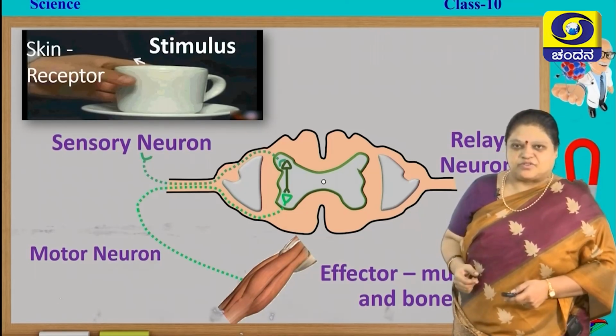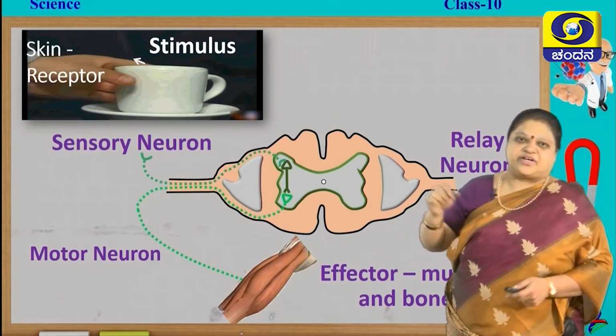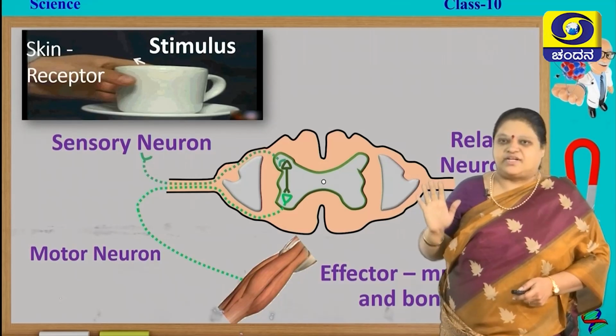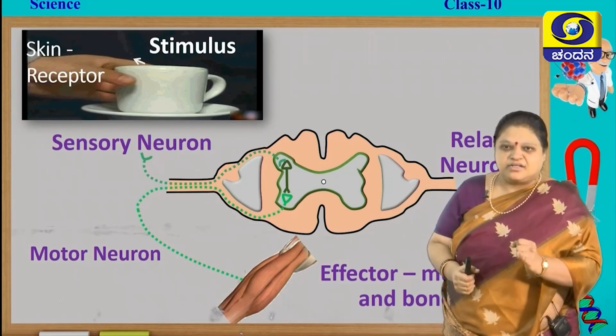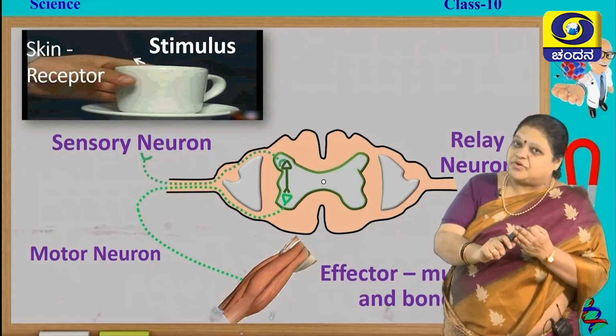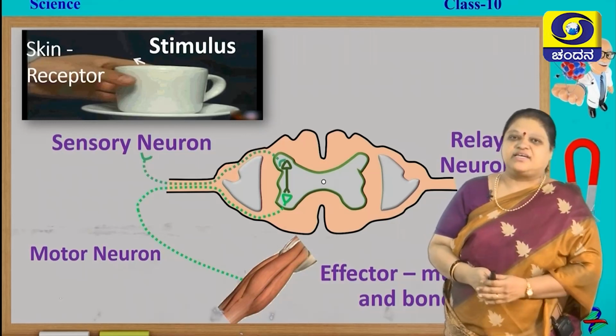I hope you understood. First is the receptor, next the sensory neuron, next the relay neuron, next the motor neuron, and finally the effector. So, totally 5 parts are involved in this reflex action. First is the receptor, second the sensory neuron, third the relay neuron, fourth the motor neuron, and finally the fifth one is the effector.